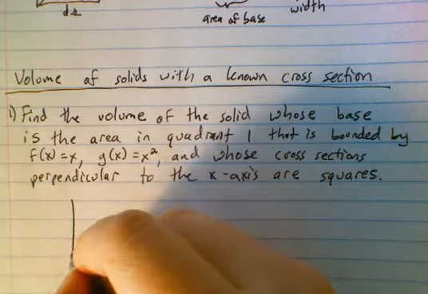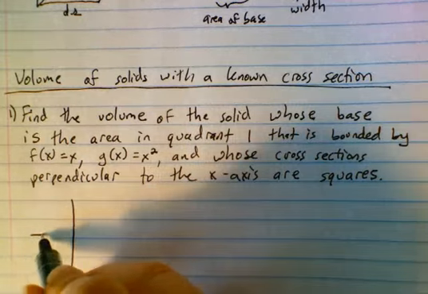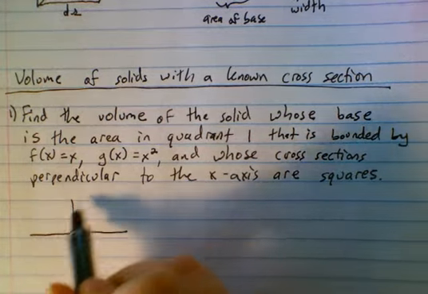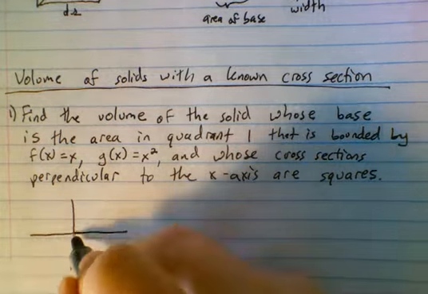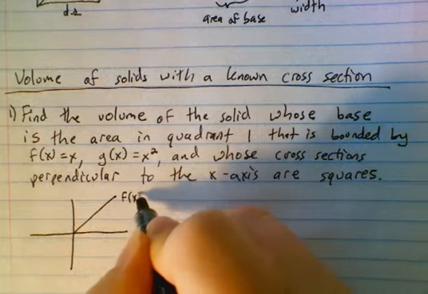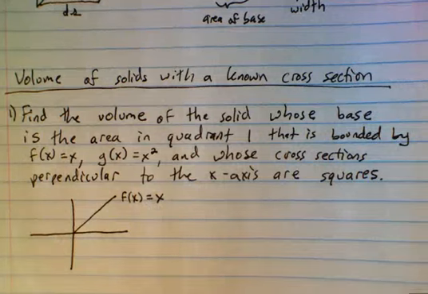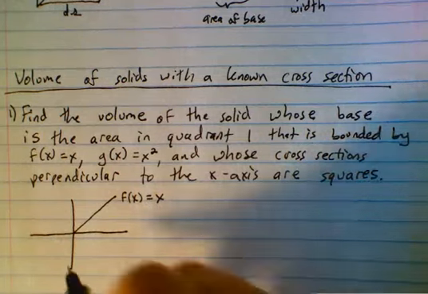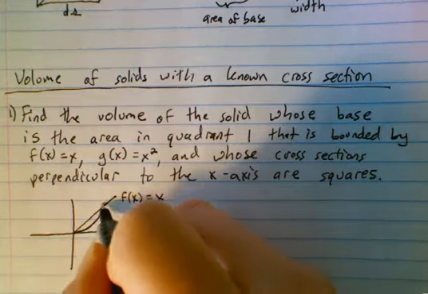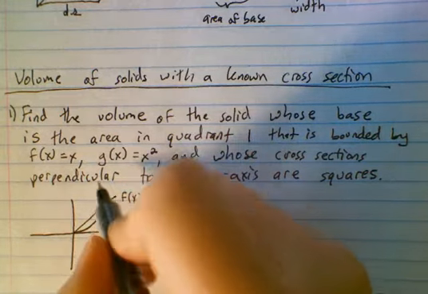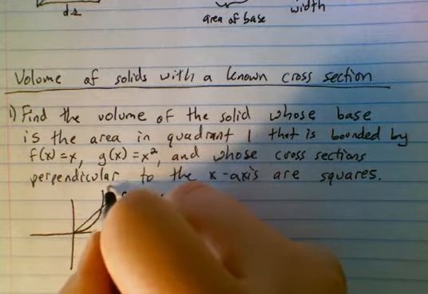So we're looking in quadrant 1, so that's up here. F of x equals x. G of x equals x squared.